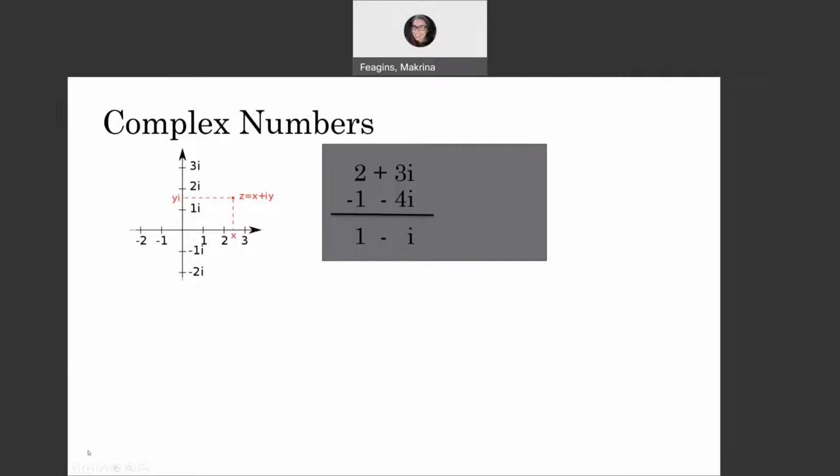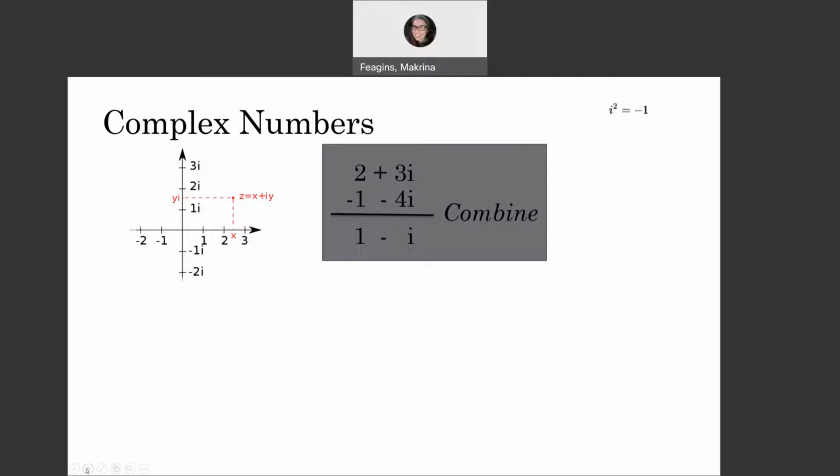When we combine them, we do like we do regular constants and variables. If they're like terms, we put them together. In this case, 2 minus 1 gives you 1, and 3i minus 4i gives you negative i. So the addition of these will be just like we do constants and variables in algebra.